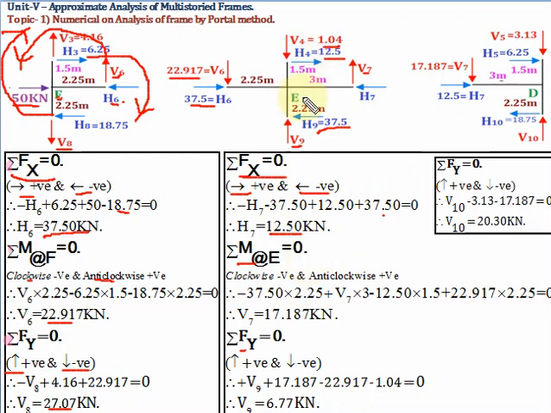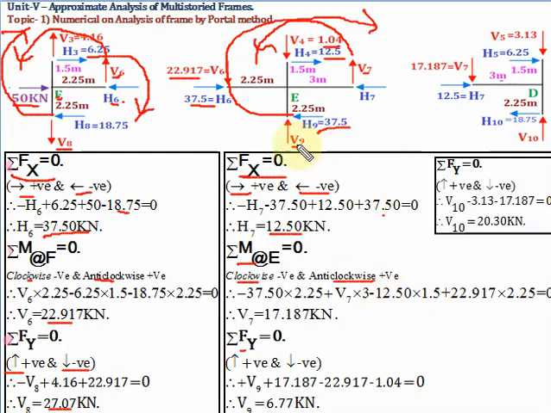At the point E we have to take the moment. Now sign convention: clockwise negative, anti-clockwise positive. 37.5 will act like this, clockwise, minus, what is the distance? 2.2. Then V7 will act like this, anti-clockwise, plus, distance 3.